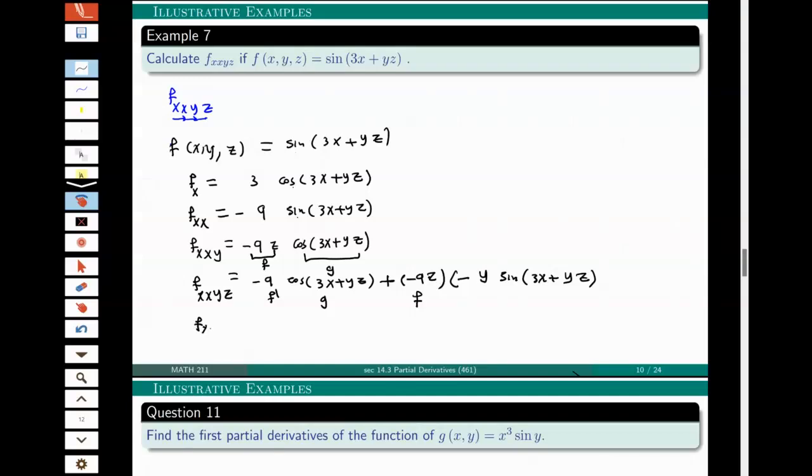So finally we get the answer: f sub z of x, y, z is equal to minus 9 cosine 3x plus yz. Minus times minus will be plus 9zy sine of 3x plus yz.